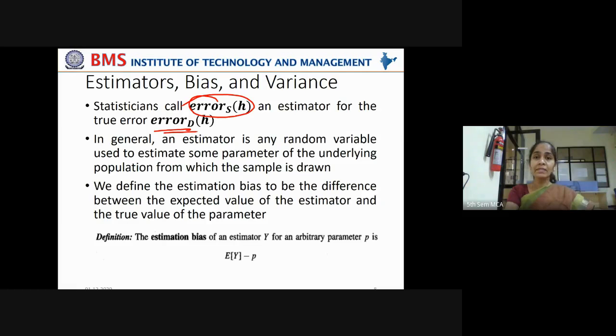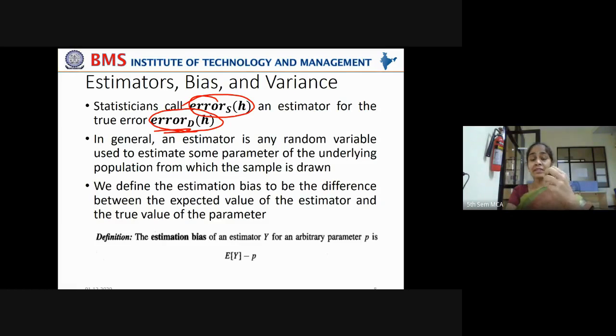Now, we are calling that an estimator of the true error. We are not saying that the sample error is the same as the true error. This much error is found with the sample, and the same error is found with the larger population. Do you state that both are equal?